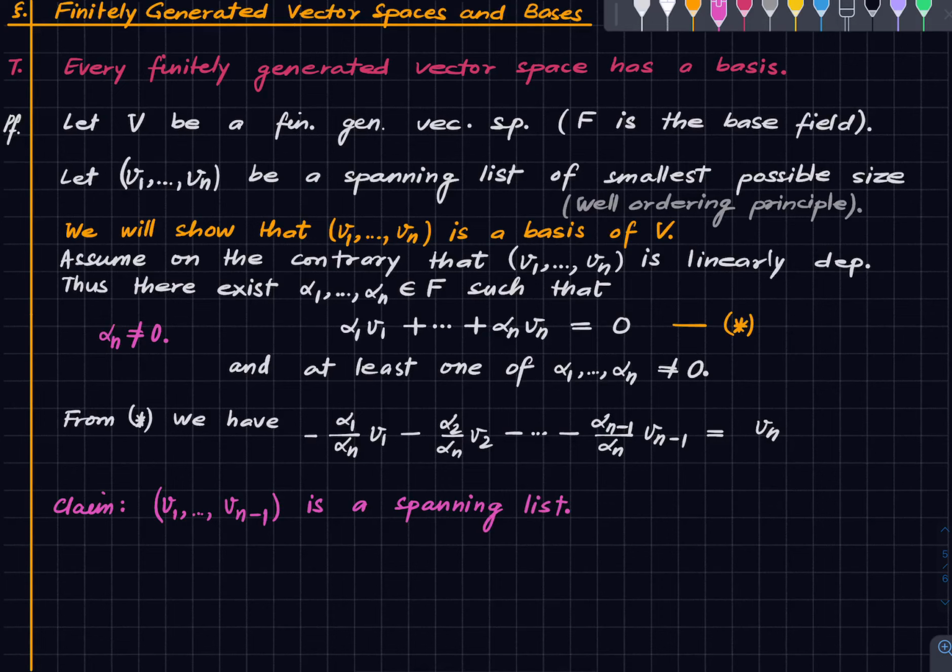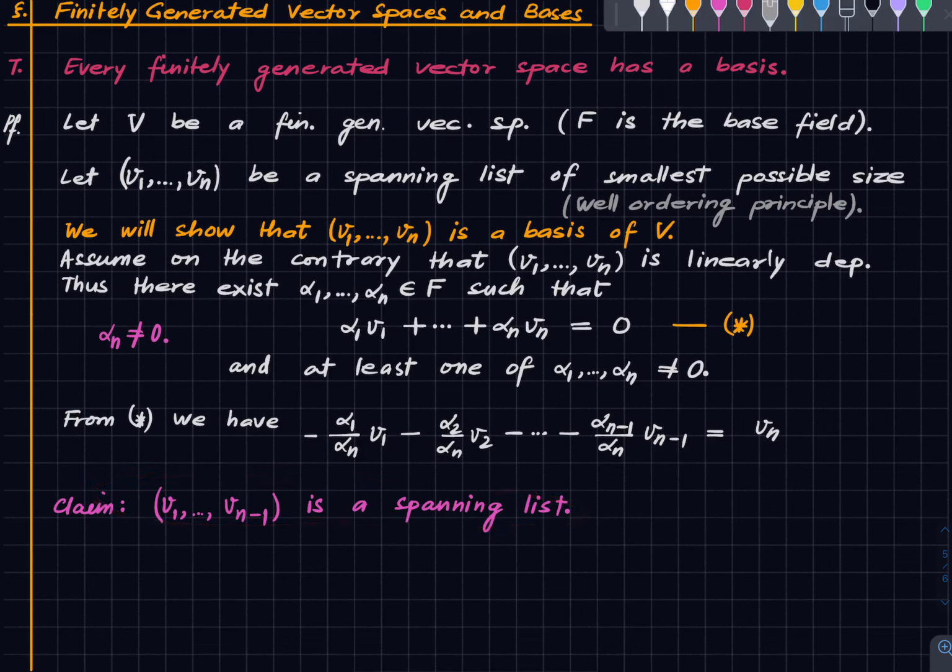Once we show this, it will finish the proof, because then we would have produced a spanning list of size smaller than the size of this one, but this was chosen to be the spanning list of smallest possible size. So as soon as we prove this claim, we will have reached a contradiction, and hence the proof will be finished. So this is now our final goal.